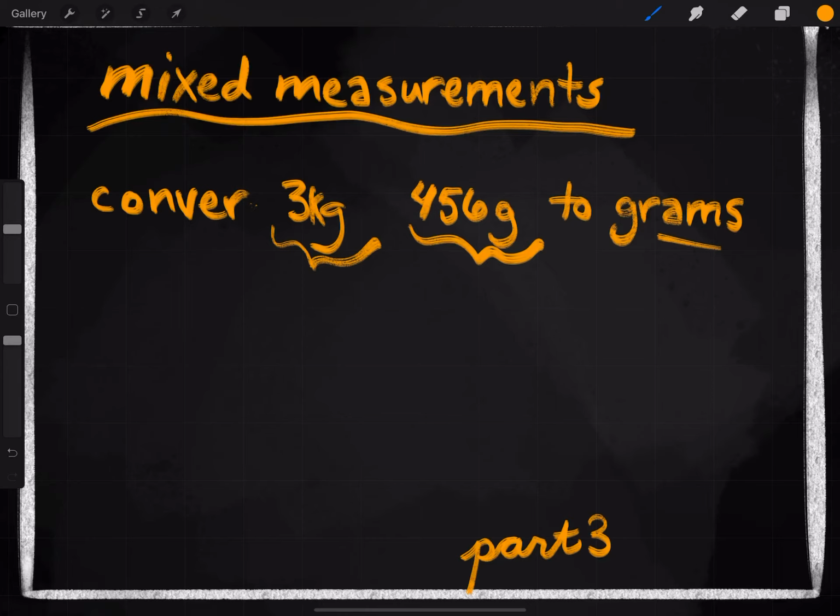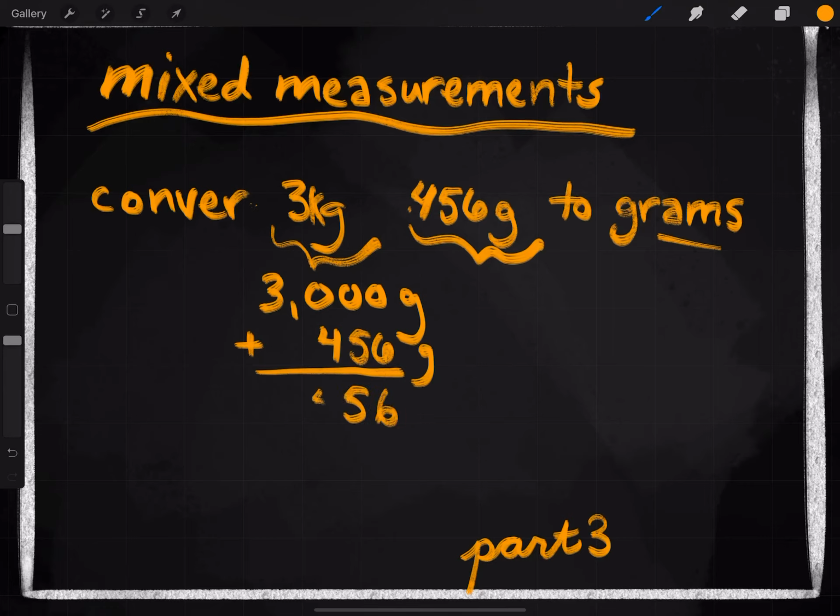So 3 kilograms is the same thing as 3,000 grams. Okay, and now I'm going to add this 456 grams, and your book will have a problem like this. So now I end up with 3,456 grams.